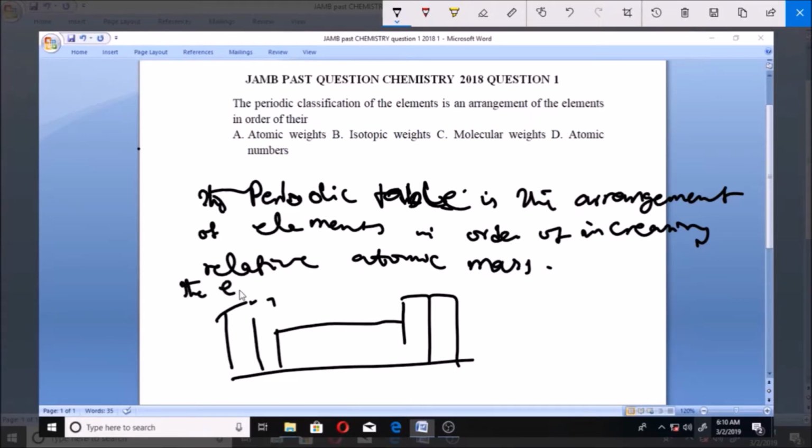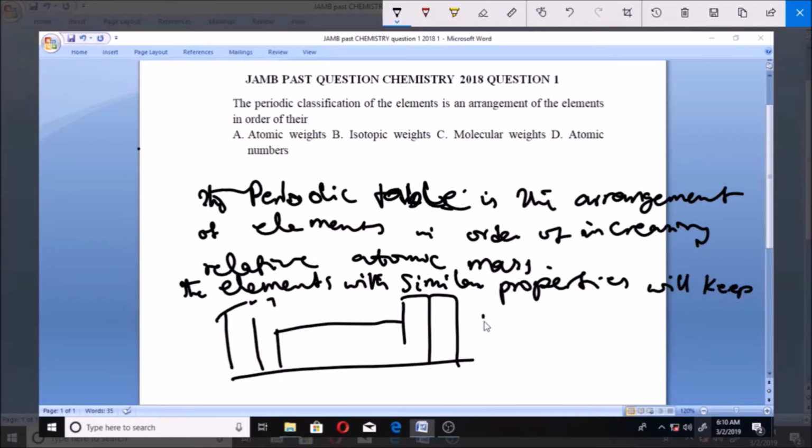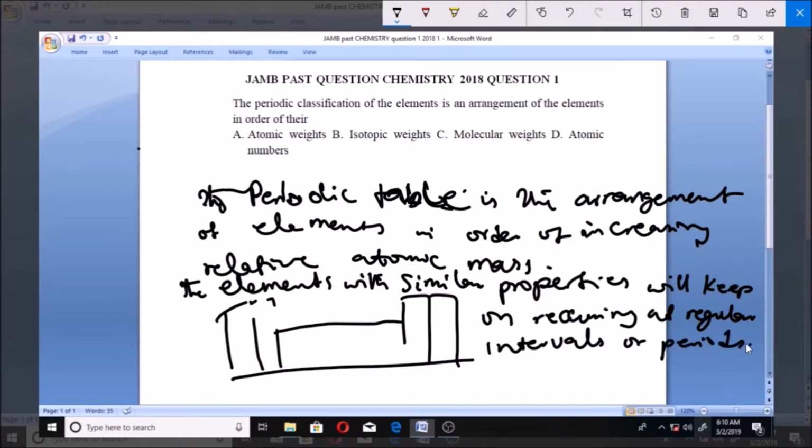In the periodic table, the elements with similar properties will always keep on recurring at regular intervals, and these regular intervals are called periods. So we have the periods and the groups.